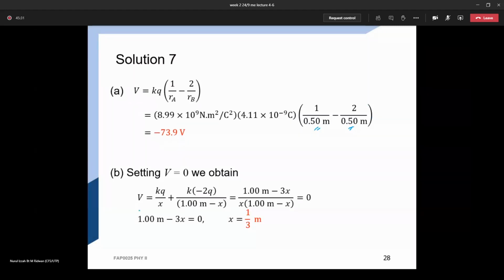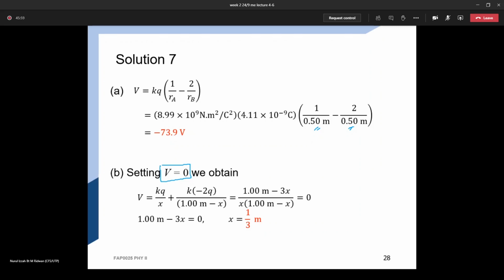To calculate for B, since there is one point in between the two charges where the V will be 0, listen here carefully: you will always have V equals 0 for charges where the signs are opposite, and you can locate that position.